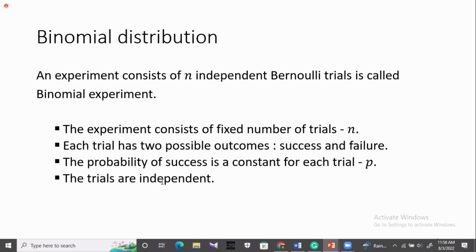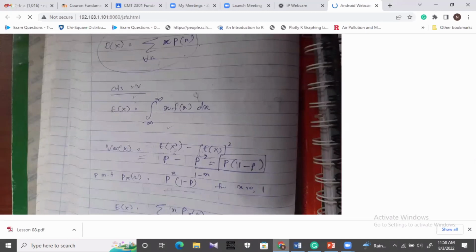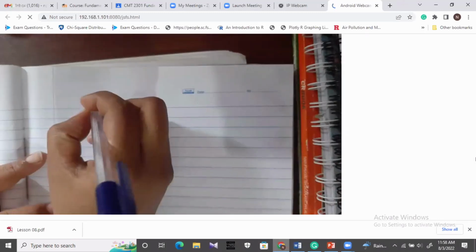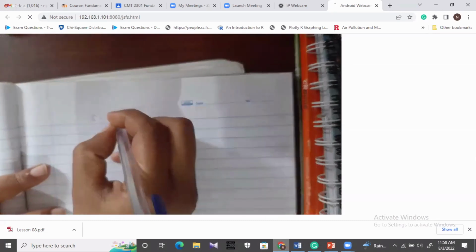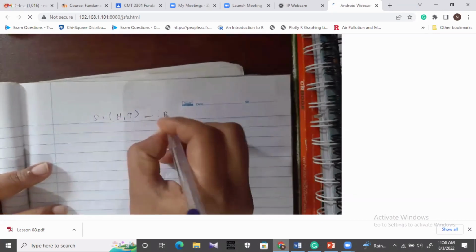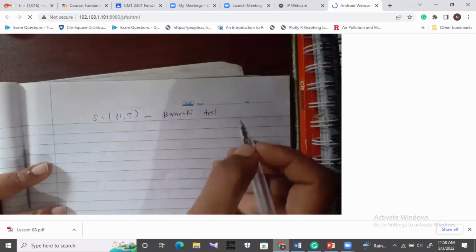Did you understand it? Please tell me. If we toss a fair coin once, then the sample space is head or tail. So it's a Bernoulli trial. That is the first trial.